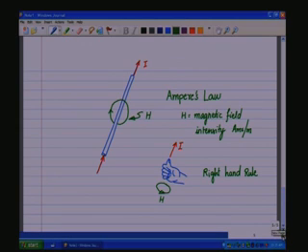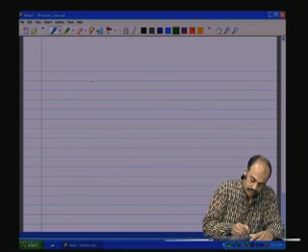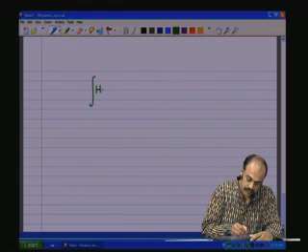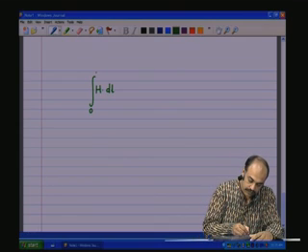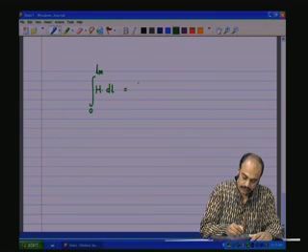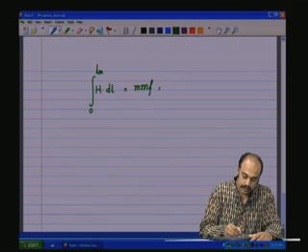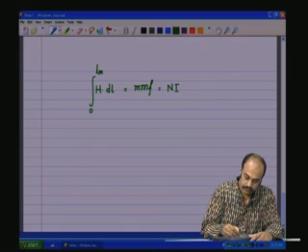Now, mathematically we can state the Ampere's law as integral of H dot dl from 0 to Lm, which is the magnetic path length, is equal to mmf or amp turns N into I. This is in ampere turns.